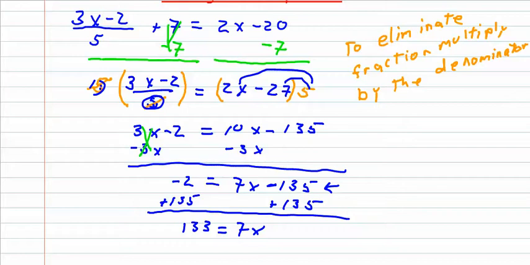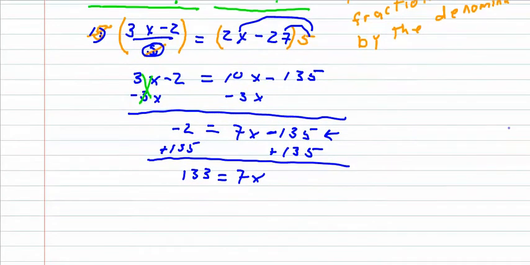Lastly, in order to solve for x, to get x by itself, I need to divide both sides by 7. I divide both sides by 7. 7's cancel, and I get x equals.